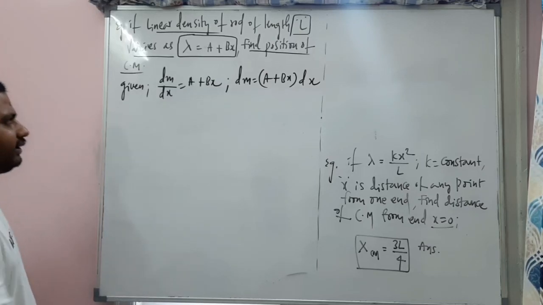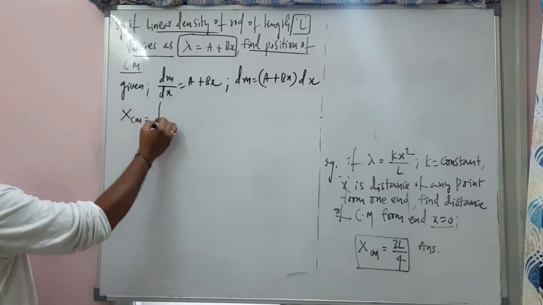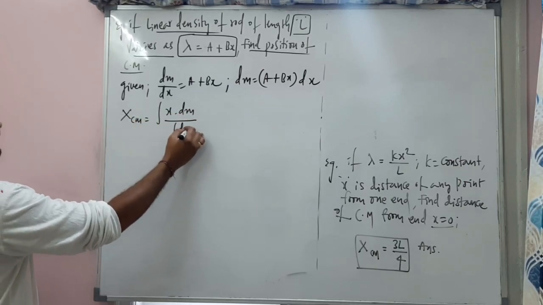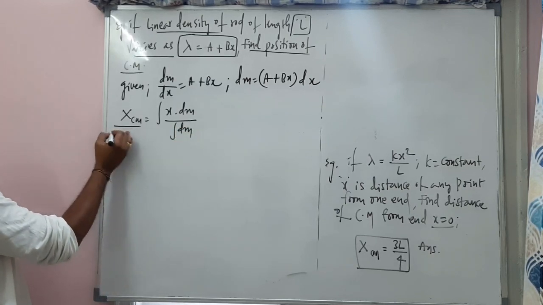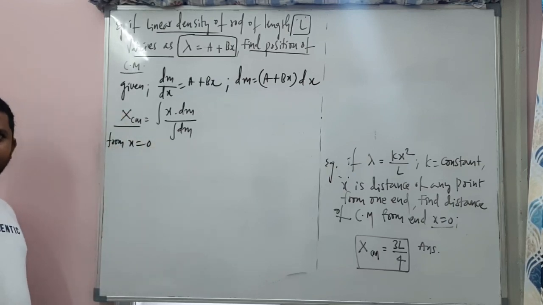The question is: find the position of the center of mass. Simple. So we have the formula xcm is equal to integral x dm divided by integral dm. This is the position of the center of mass from x is equal to 0. Yes.